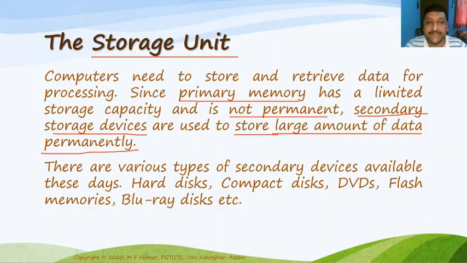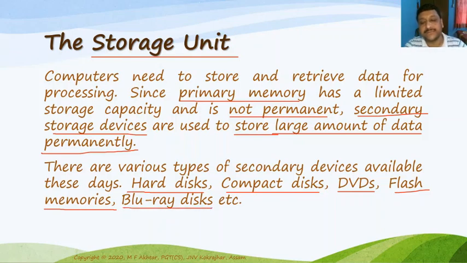That's why secondary memory is more useful than RAM. There are various types of secondary memory devices available these days: hard disk, compact disk, CDs, DVDs, flash memories such as pen drives. Now Blu-ray Disc is also available.